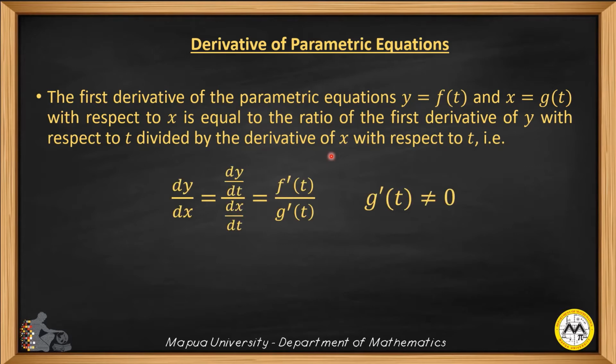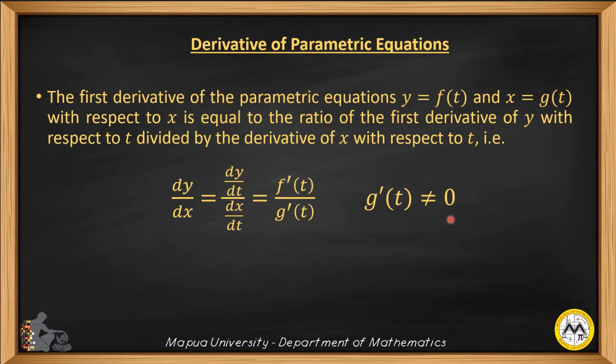That is, dy/dx is the ratio of dy/dt to dx/dt, or we have f prime of t divided by g prime of t, provided g prime of t is not equal to 0.